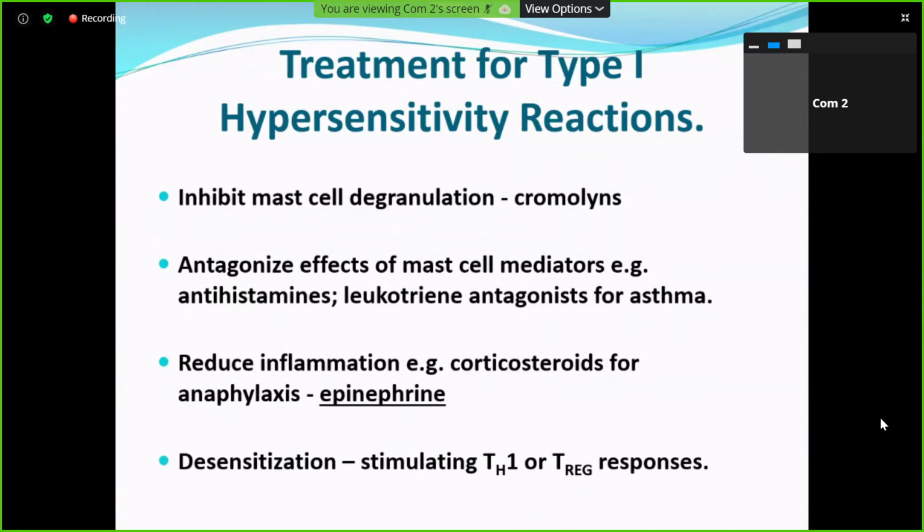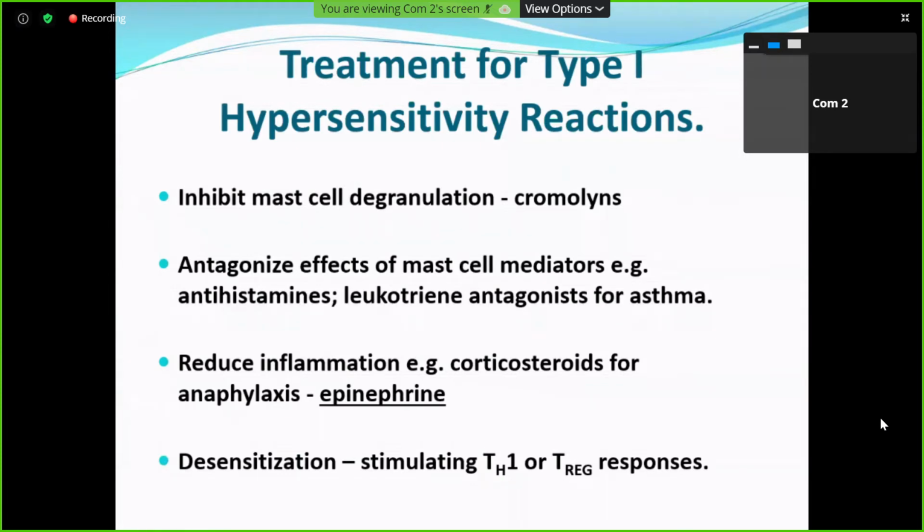Remember that in the lecture about T helper cells, I said that the cytokines that Th1 makes are in conflict with the cytokines that Th2 makes. So interferon gamma, or the IL-17 made by Th17 cells, blocks the production of IL-4, which is the signature cytokine of Th2 cells. And the IL-4 made by Th2 cells blocks the production of interferon gamma or IL-17.